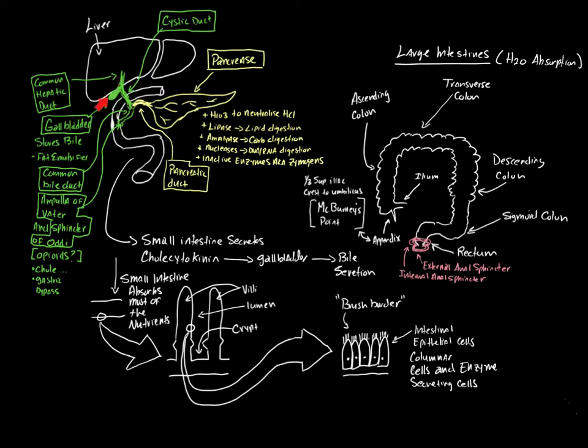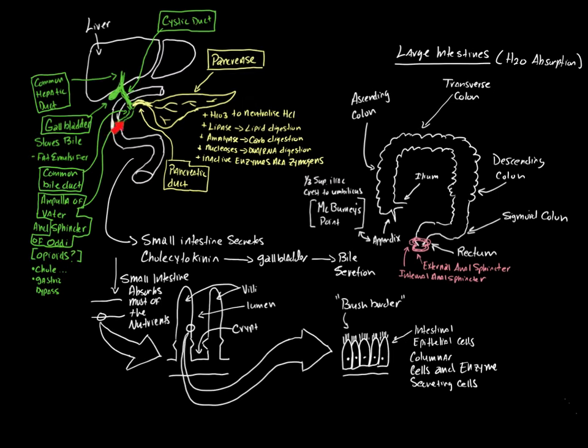And what is stored in the gallbladder? Bile is manufactured in the liver, and then bile moves from the liver into the common hepatic duct, and then it gets stored in the gallbladder. And then the gallbladder contracts and pushes the bile down into the cystic duct, into the common bile duct, and then out of the sphincter, what's known as the sphincter of Oddi and the ampulla of Vater.